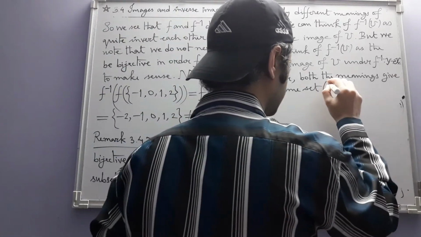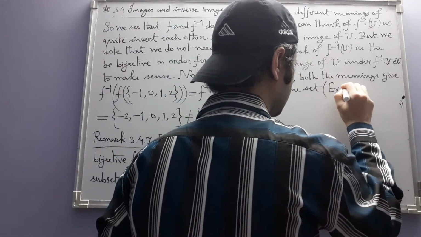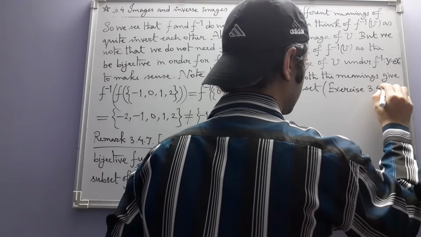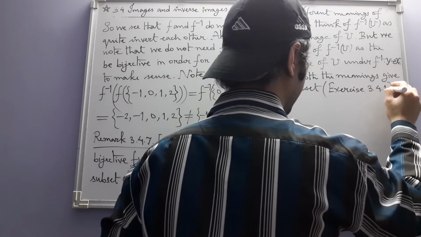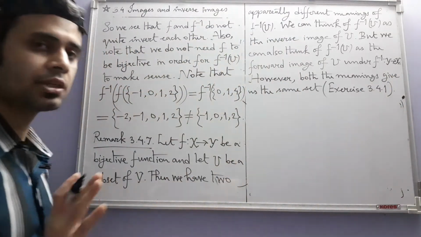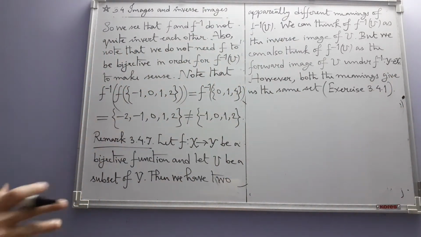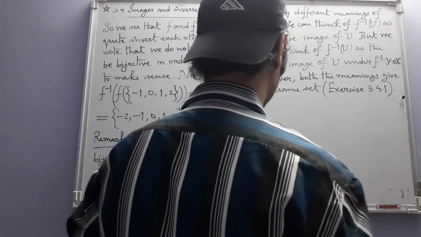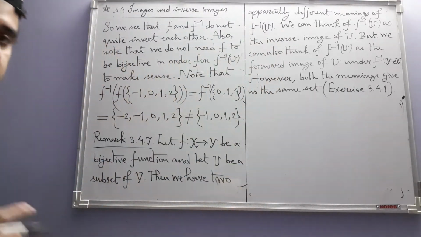This is the first exercise, where we have to show that actually we have the same set, no matter which interpretation we follow. Okay. Now we go to something else.